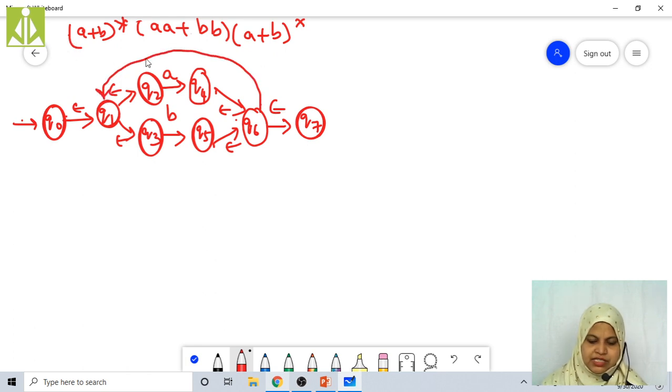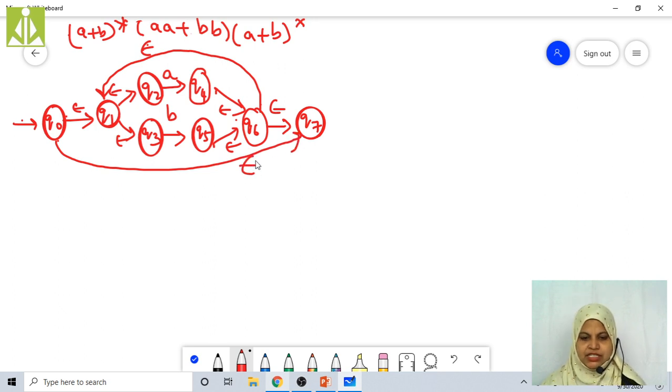From here to here epsilon transition is there, again from here to here epsilon transition is there. This is the a plus b whole star, right?